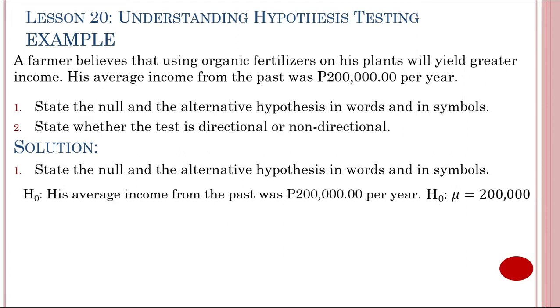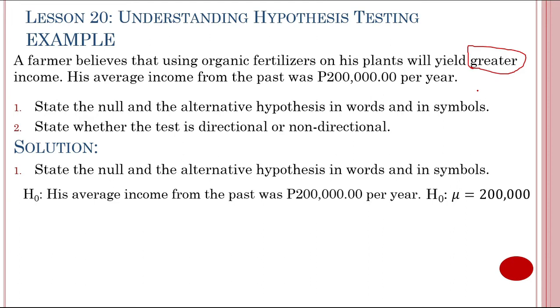Now, paano naman yung alternative hypothesis? Saan natin kukunin yung alternative hypothesis? Mukhang wala tayong pagkukumparahan. However, if you could look at this, ayan, ano yung word na yan? Ayan, greater. So, therefore, ngayong nakita na natin yung greater, ano daw ang dinedenote kapag greater? Ayun.